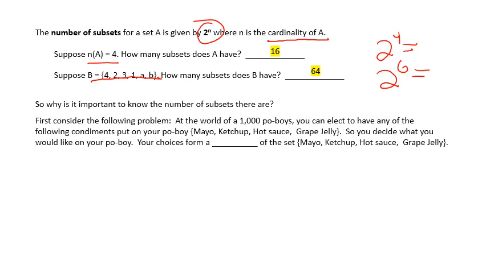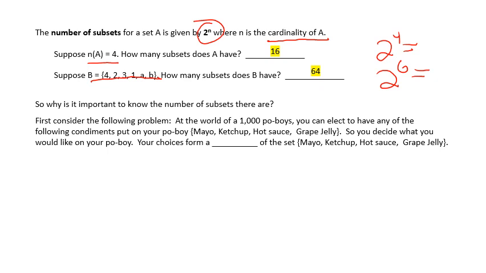Well, it can help us solve some application problems. For example, consider the following problem. At the World of 1,000 Po' Boys, you can elect to have any of the following condiments put on your po' boy. You can pick from mayo, ketchup, hot sauce, and grape jelly. So you decide what you would like on your po' boy.